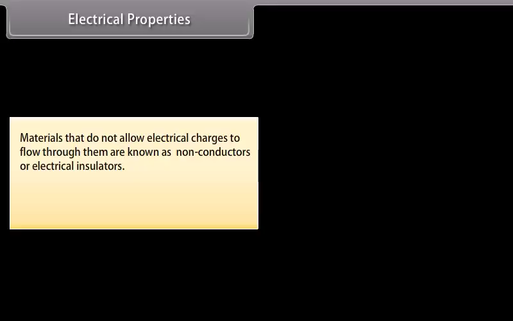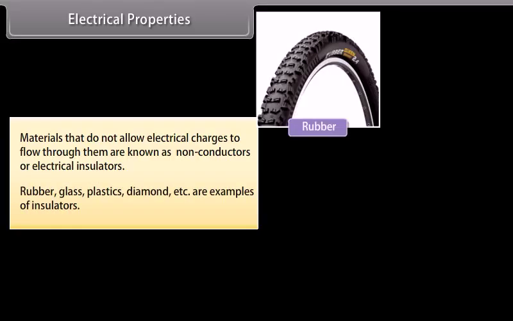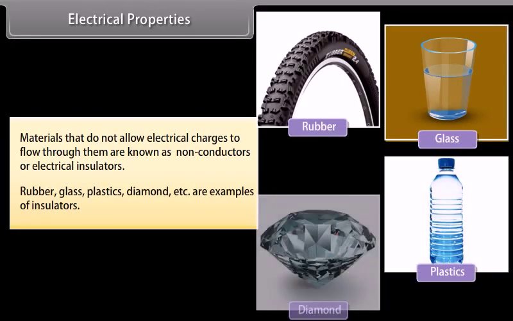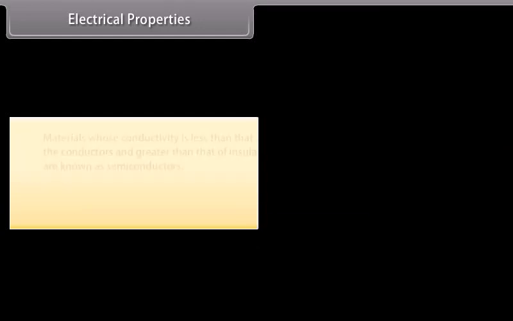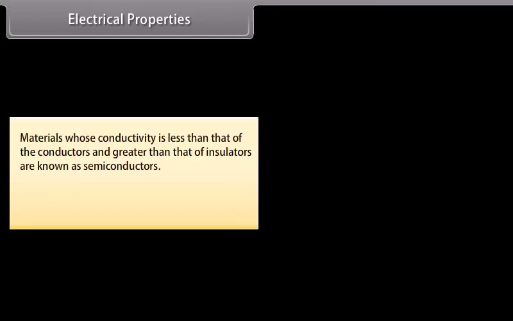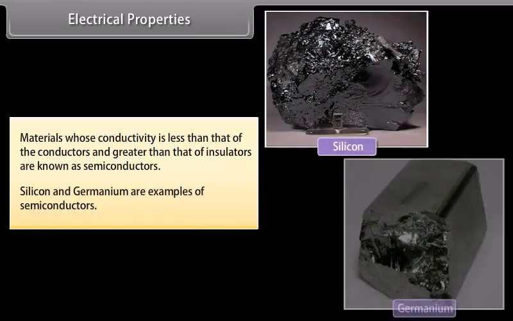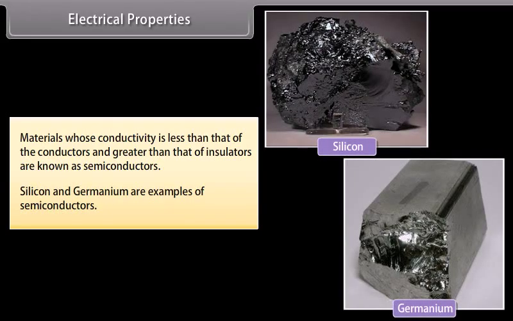Materials that do not allow electrical charges to flow through them are known as non-conductors or electrical insulators. Rubber, glass, plastics, diamond, etc. are examples of insulators. Materials whose conductivity is less than that of conductors and greater than that of insulators are known as semiconductors. Silicon and germanium are examples of semiconductors.